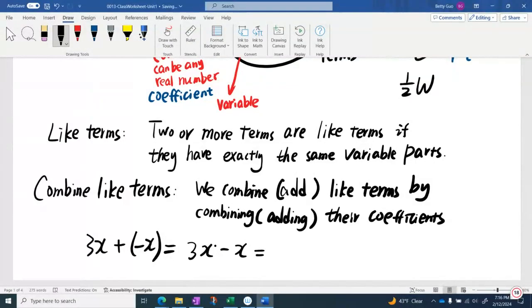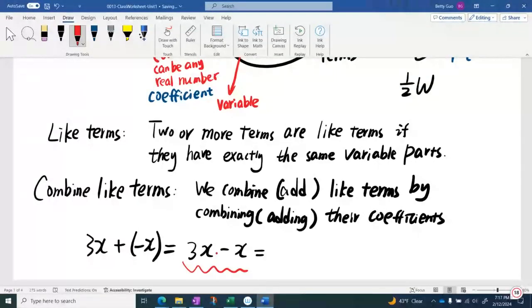But when you have 3x minus x, you need to see there are two terms there. The expression is a sum of two terms. The first term, 3x. The second term, negative x. And how do we combine them? How do we add them together?